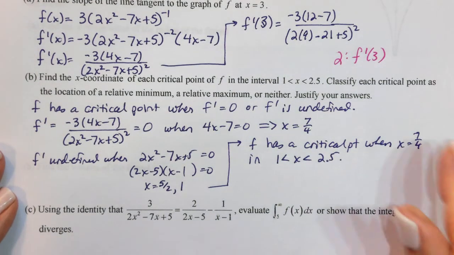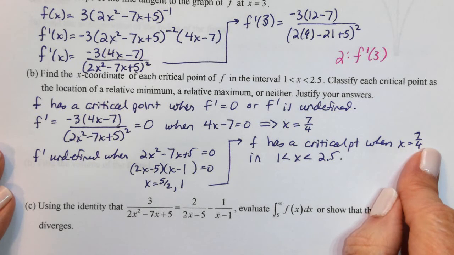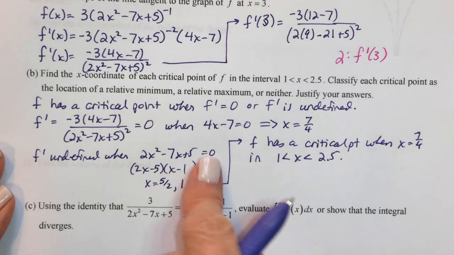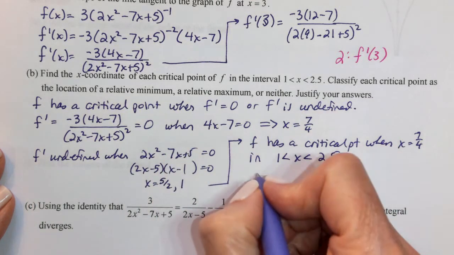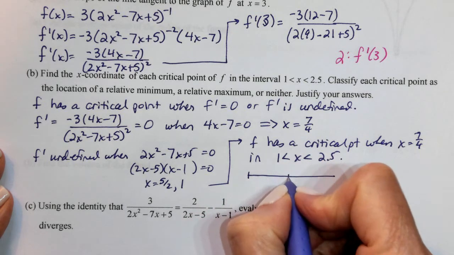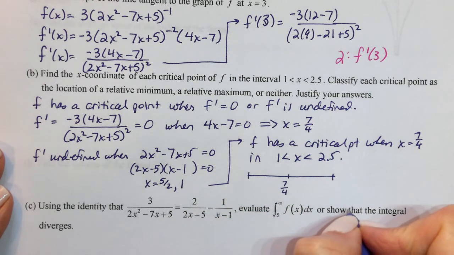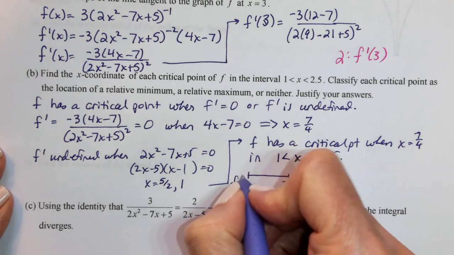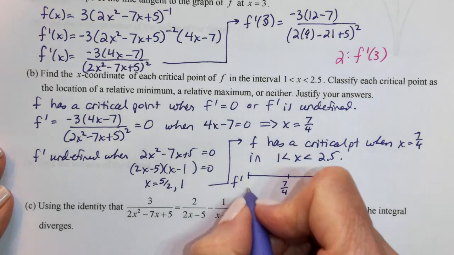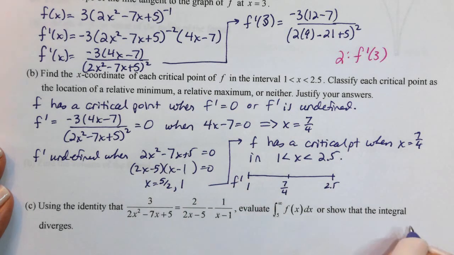Now we have to classify that as the location of a relative min, max, or neither, right? Since we have all this information about f prime, I'm going to do the first derivative test. I'm going to do a sign chart on f prime, okay? And I'm going to bound it by 1 and 2.5 or 5/2.